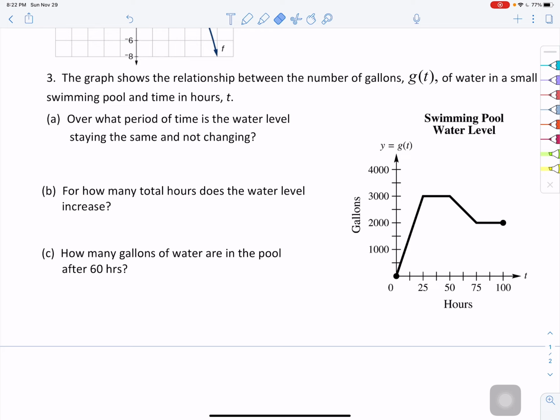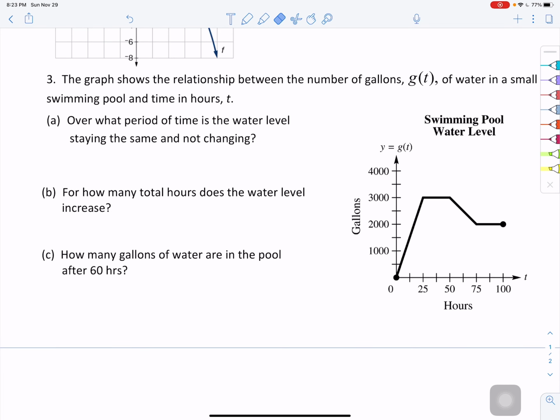So let's read this. The graph shows the relationship between the number of gallons g of t. So these y values are gallons of water. And this x-axis is hours. Over what period of time is the water level staying the same and not changing? And this should have been period of possible times because we have 2 of those.